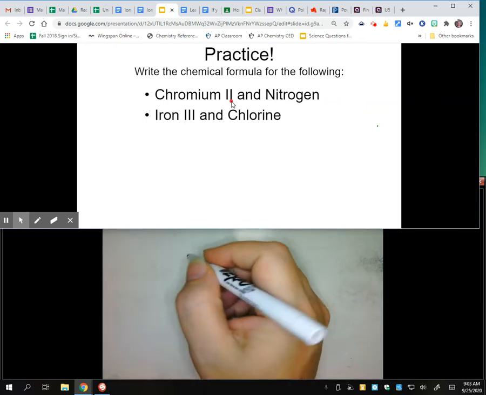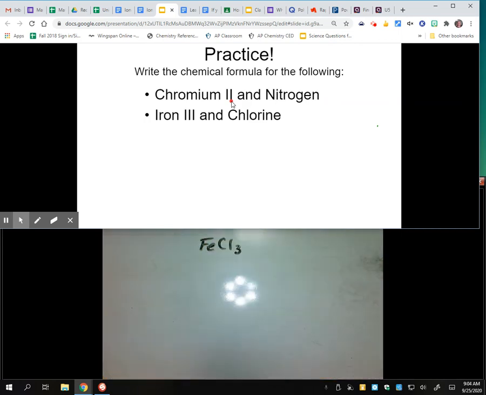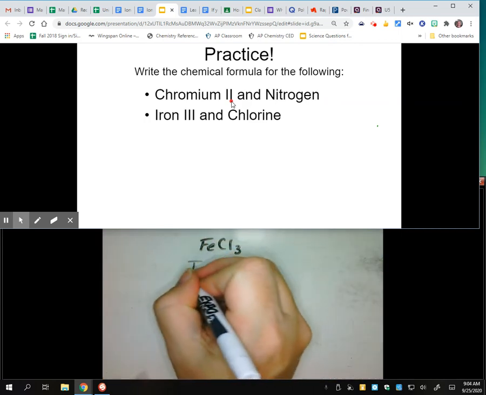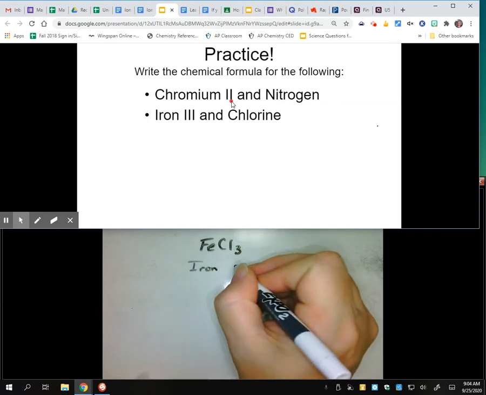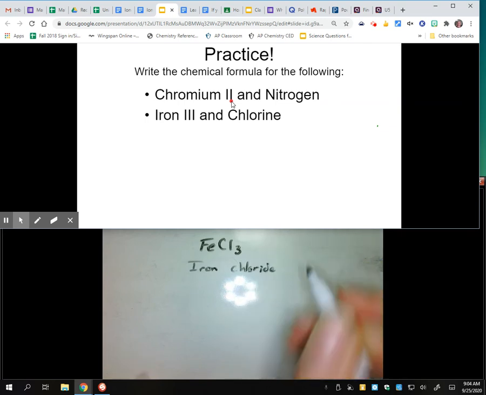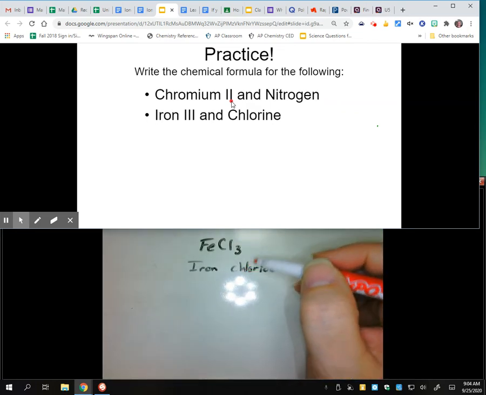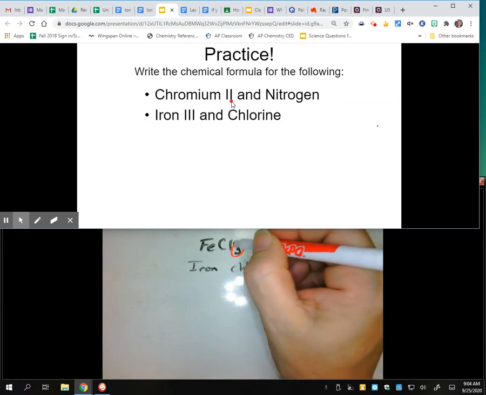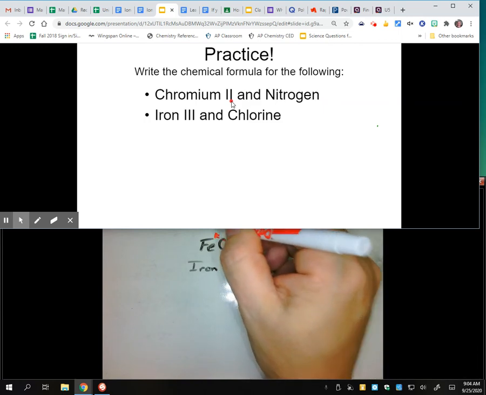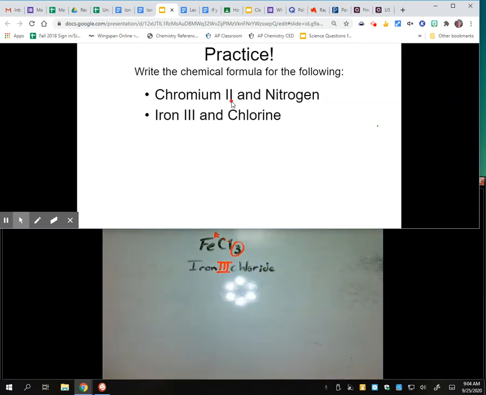Like for this one here, we know that this is going to be iron and chlor, and then we add IDE to the end. But iron is one of those metals where we have to indicate the charge, not the subscript, the charge. So where did this 3 come from? It came from up here, and it was iron's charge. So this is iron 3 chloride.